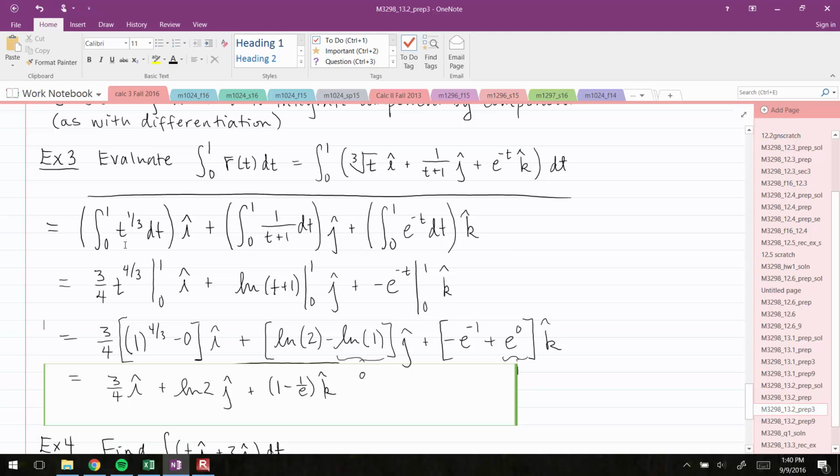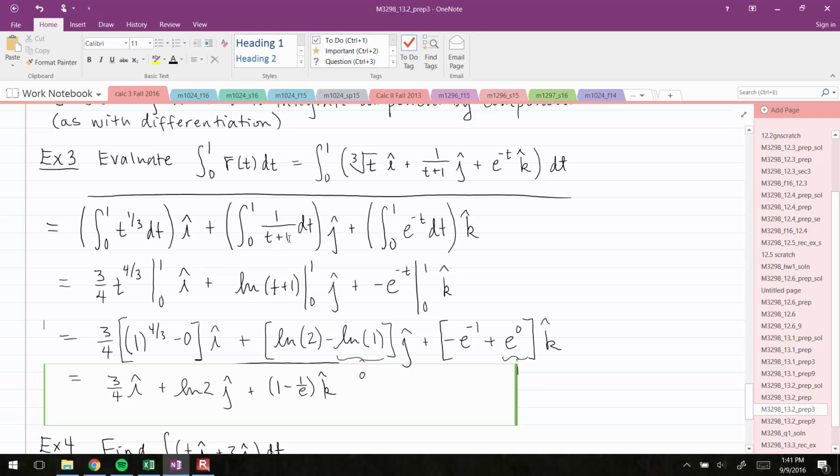The integral of t to the 1/3 with respect to t is 3/4 t to the 4/3, and then by the fundamental theorem of calculus part 2, we plug in a 1 minus a 0. The integral of 1 over t plus 1 is the natural log of t plus 1, an easy substitution.